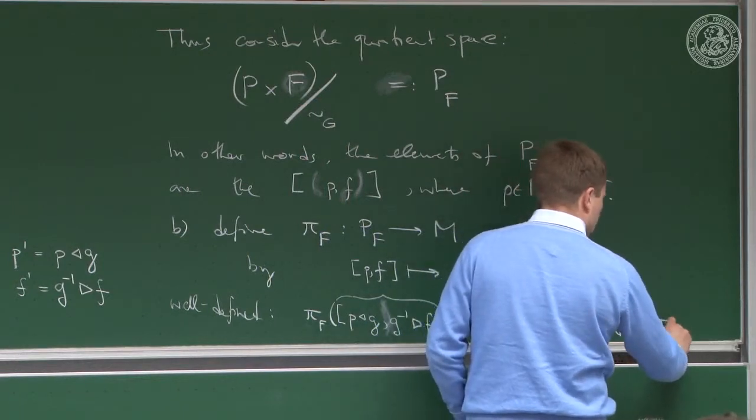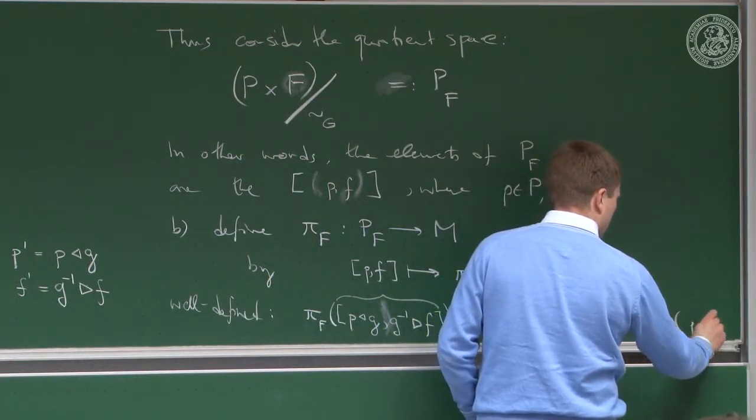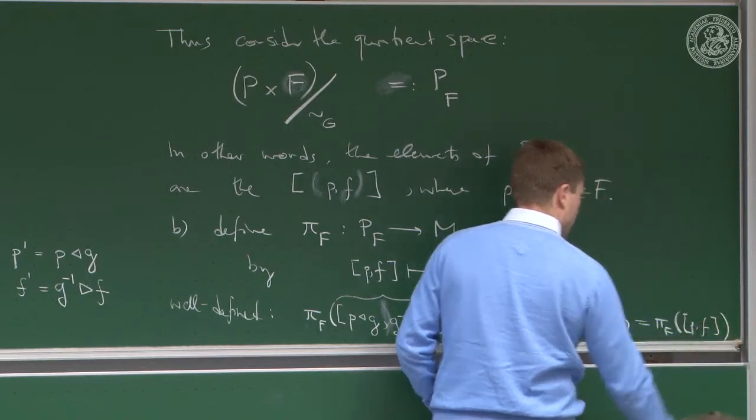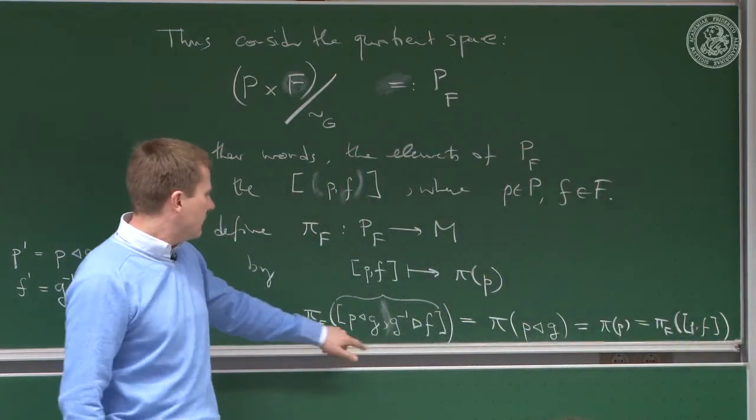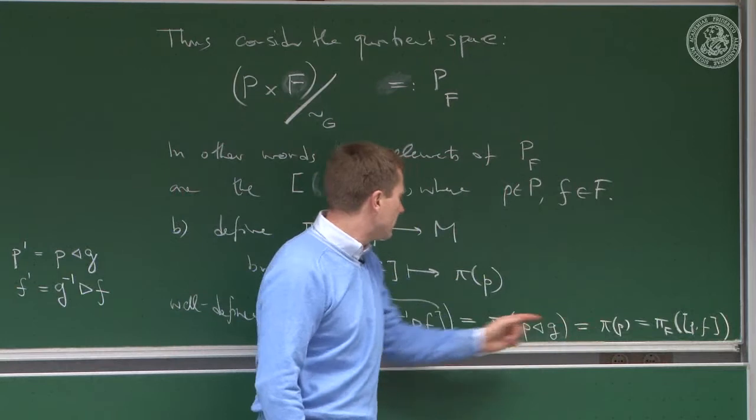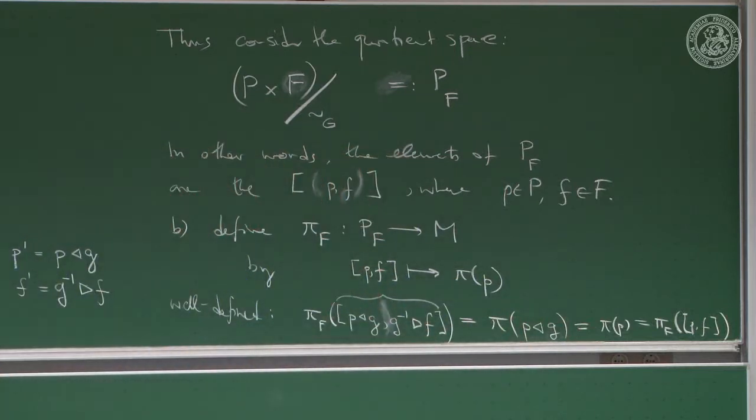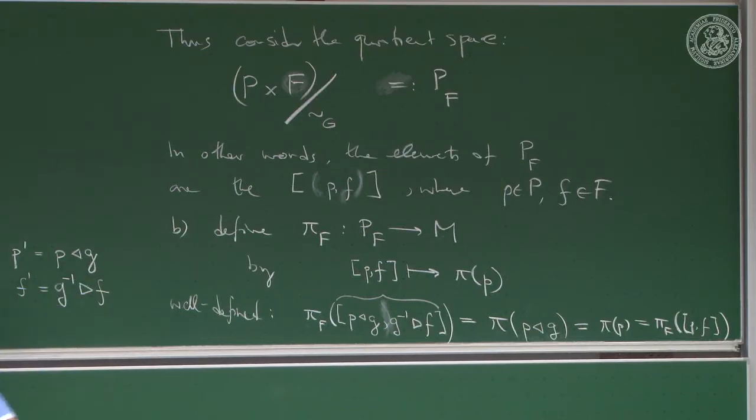But pi of P is pi_F of [P, F]. Aha, so indeed pi_F, whether it acts on another representative or not, produces the same result, and hence this map is well defined. Okay.